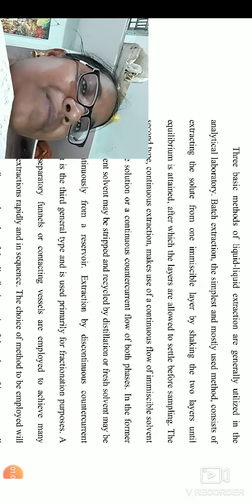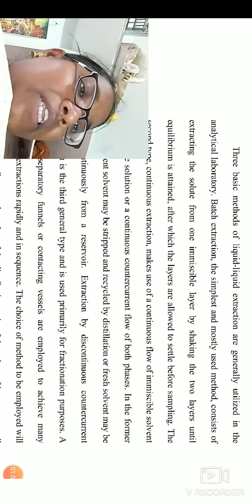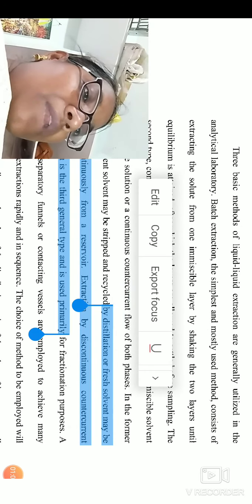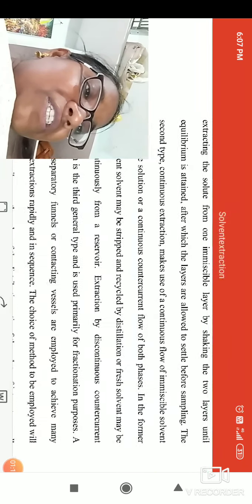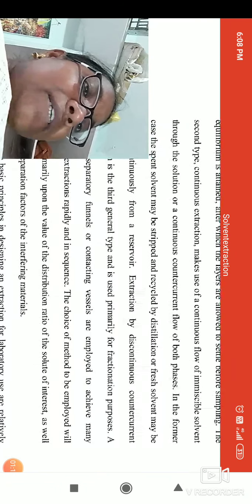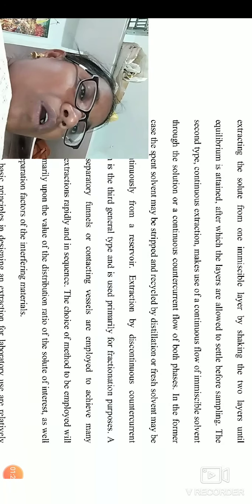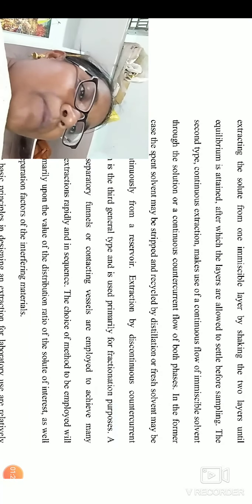The second type, continuous extraction, makes use of a continuous flow of immiscible solvent through the solution, or a continuous counter current flow of both phases.